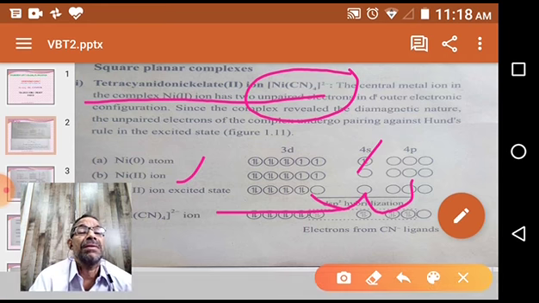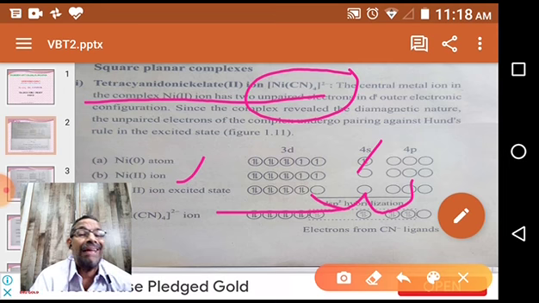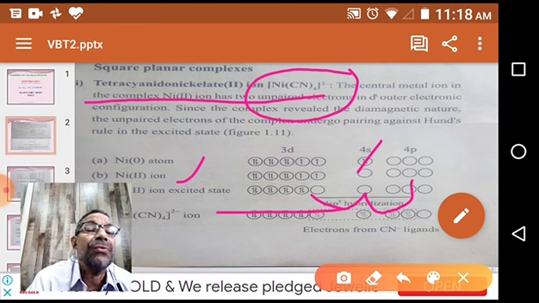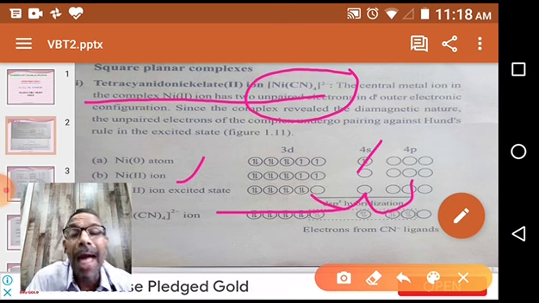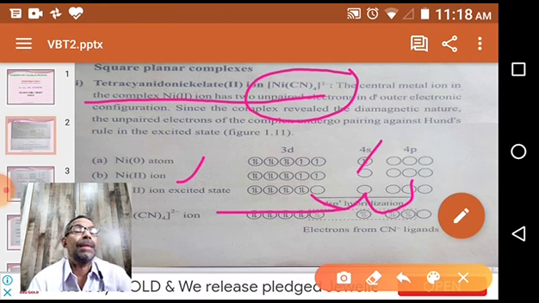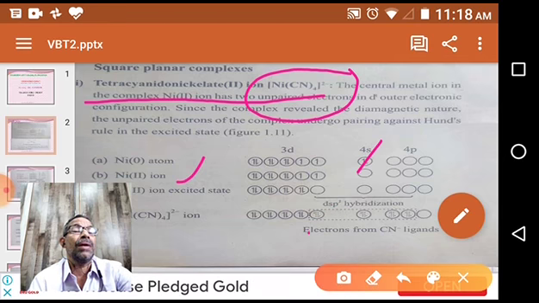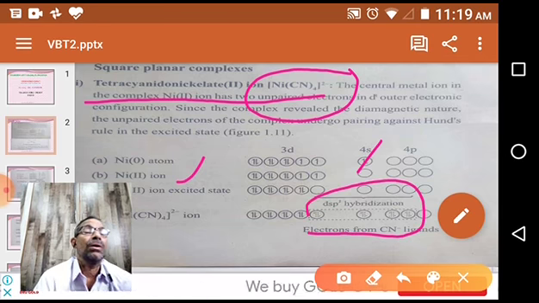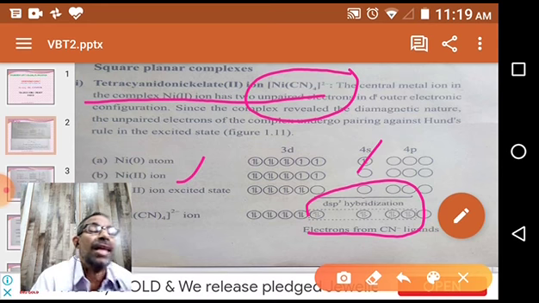At the center of the geometry, we have the nickel ion, Ni 2+. These vacant hybrid orbitals overlap with 4 cyanide ligands. That means these orbitals are accepting electrons from ligands, and we have shown these electrons with dotted lines. So the 4 dsp2 orbitals are accepting electrons.